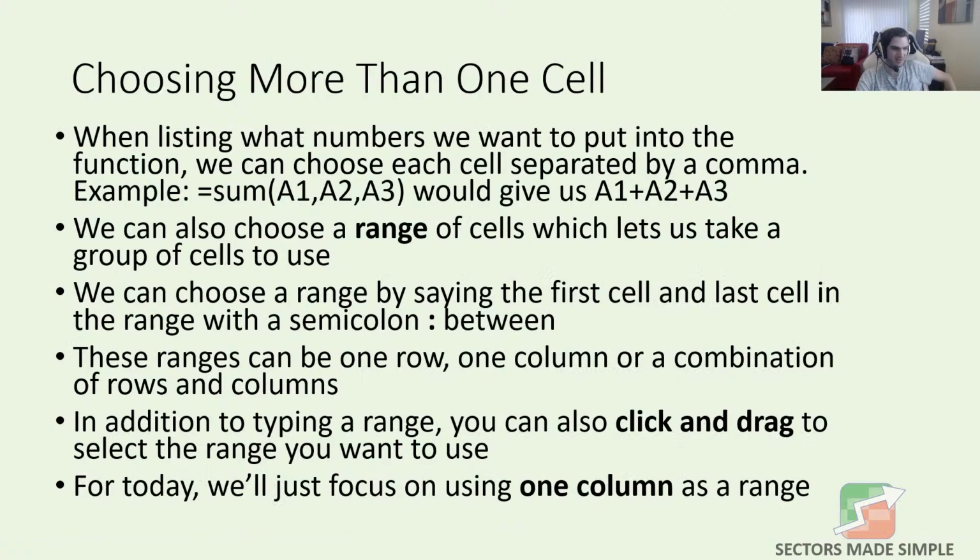All right. So we just talked about this first point. Instead of typing out A1, A2, A3, which would give us A1 plus A2 plus A3, we can also choose a range of cells.